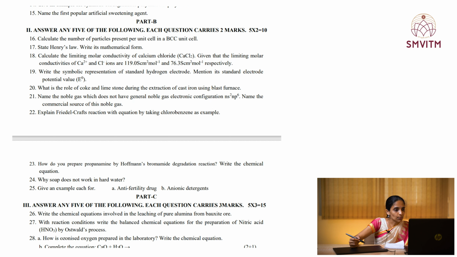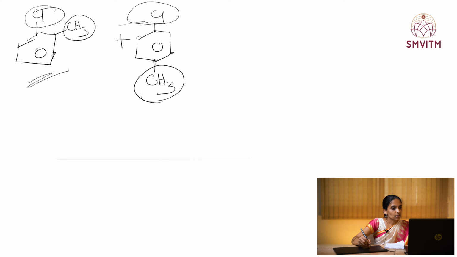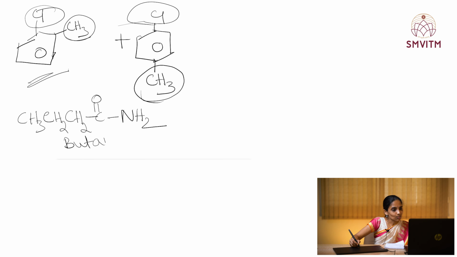So if you want propanamine, you have to start with the amide containing the propyl group, CH3CH2CH2, then attach CONH2. This is butanamide.